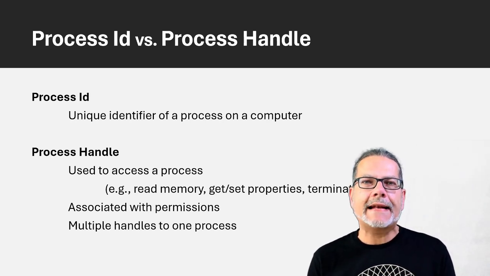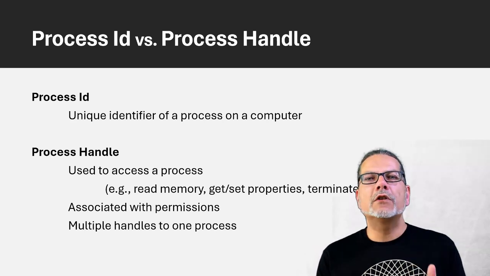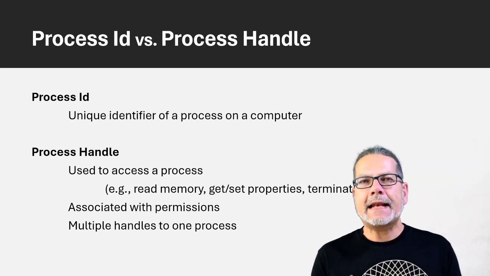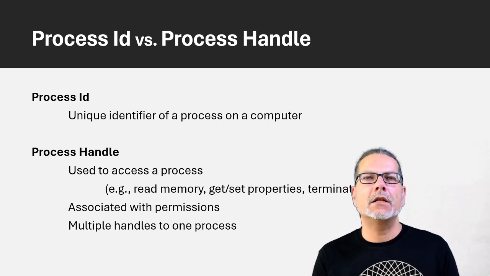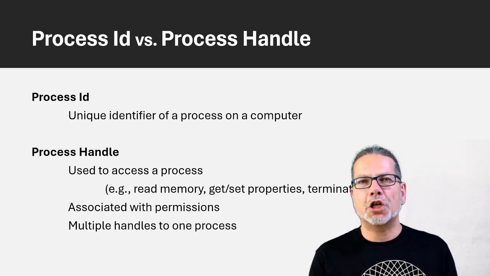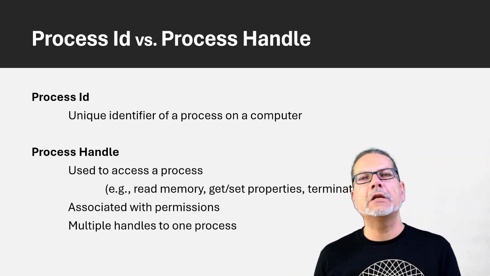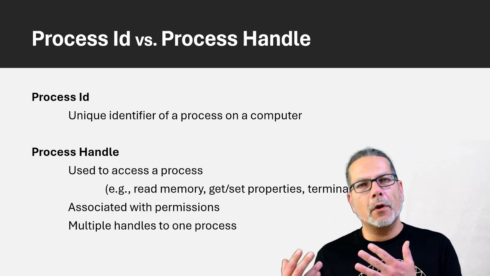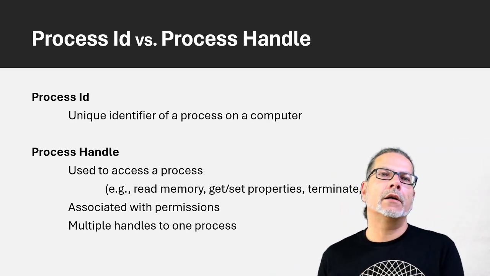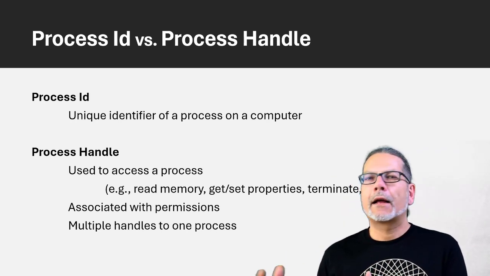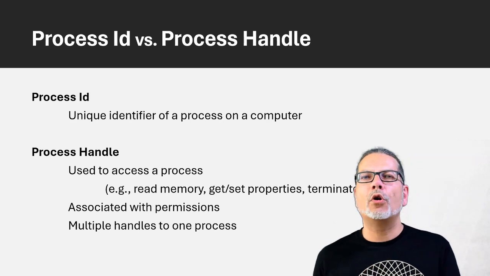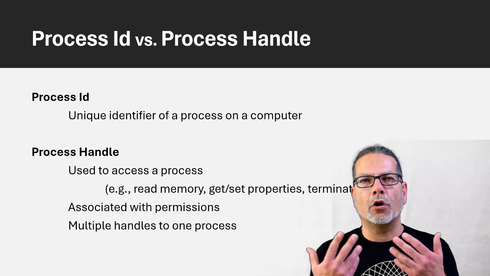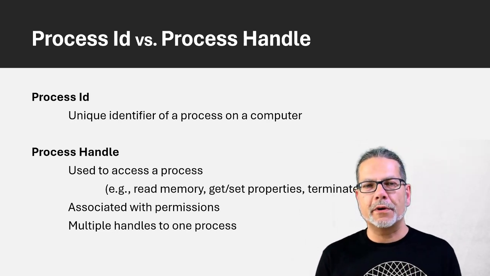This process handle is also associated with permissions. You can acquire a handle to a process just to view its information relatively easily, but you can usually only acquire more control over a process, more permissions, if you want to write to its memory or change its properties.